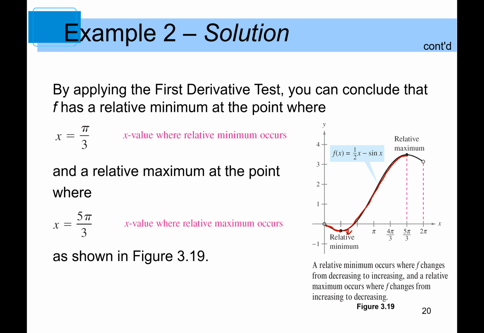Relative minimum occurs at pi over 3, right? And from increasing to decreasing, right here, now we have relative maximum occurs at x equals 5 pi over 3. So actually the graph confirms what we discovered.